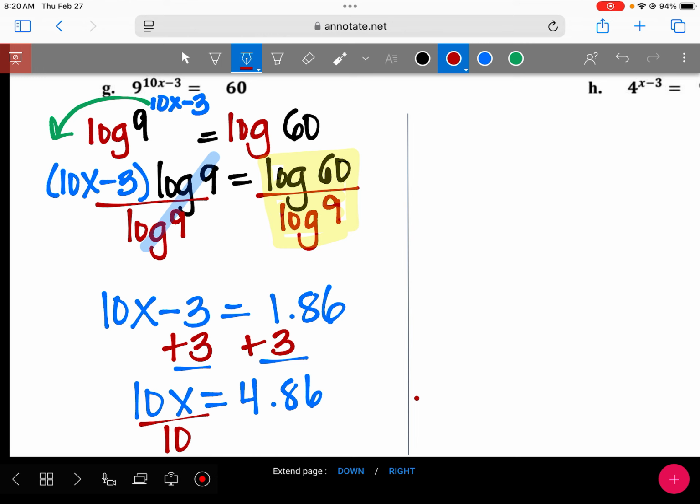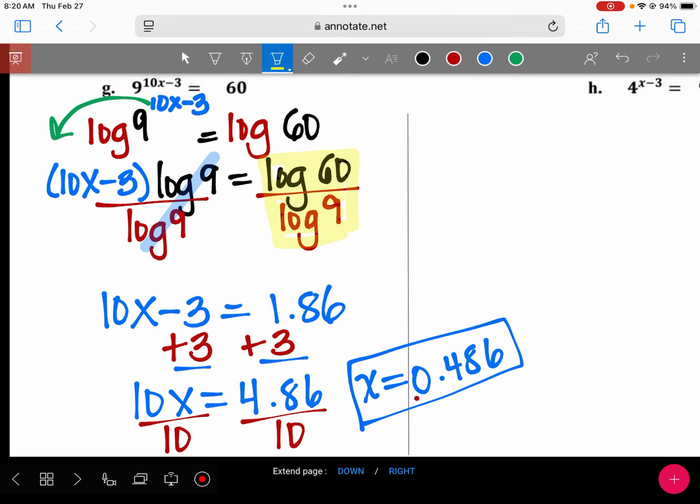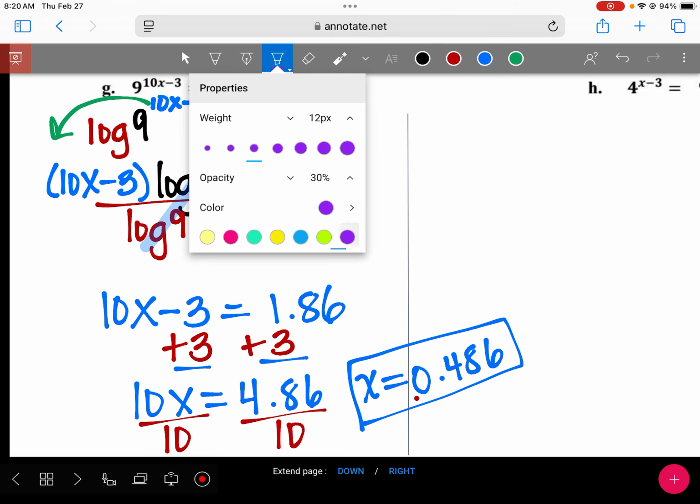And then lastly, divide both sides by 10 to get your final answer. And that should be your final answer.